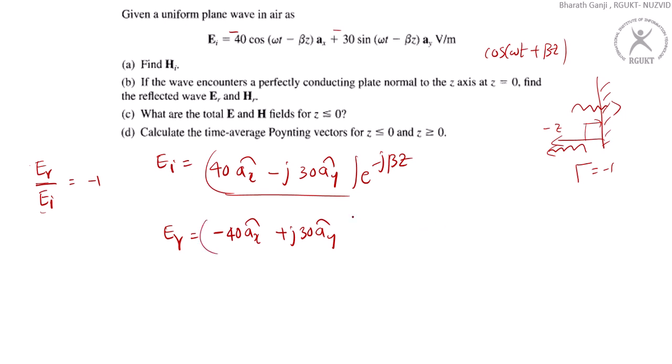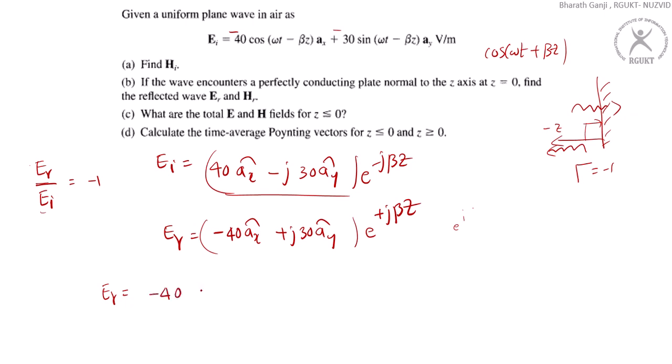times e power j beta z, because now it's a wave traveling in the backward direction. Keeping this in mind, if you want to convert this into time domain, you can simply multiply it with e power j omega t and take the real part of it. I'm writing the answer for that process, but you have to solve it.